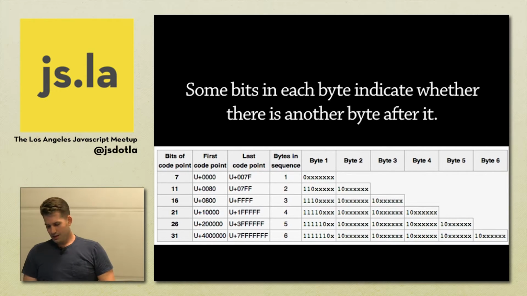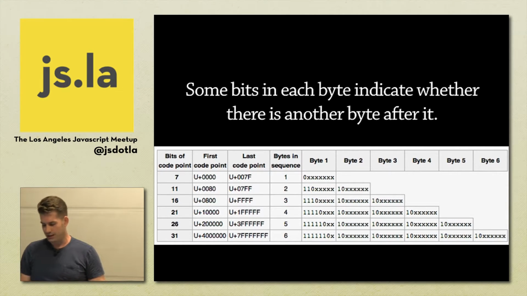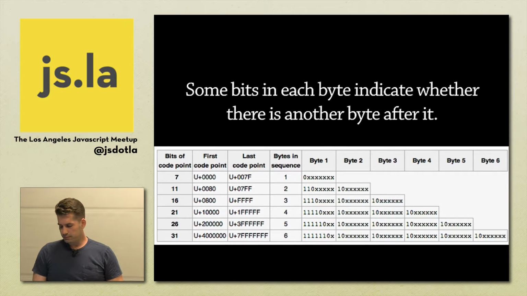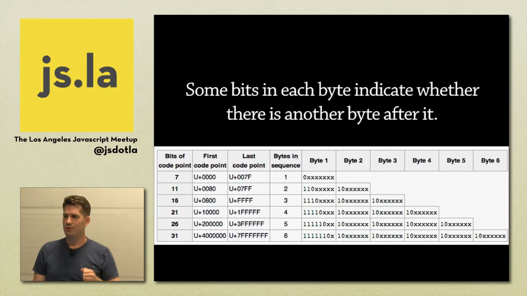So if you're in that most common set of characters, you're only really using 1 byte, and you're getting the smallest possible allocation of memory for that 1 glyph. And further up in the higher numbers in Unicode, you're using up to 6 bytes. What's cool is that you're getting this message at the beginning telling you how far ahead to look, which is how they're able to compress that data so small.